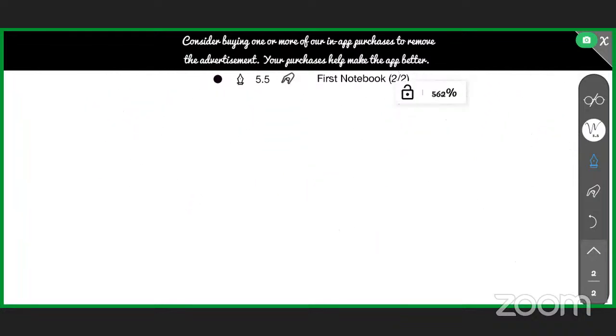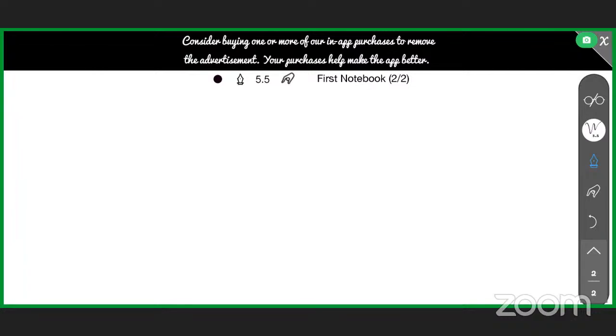Okay, we go to the next question. This is a very easy question. T1, T2, and T3 are distinct points.